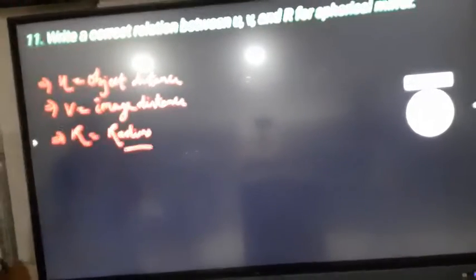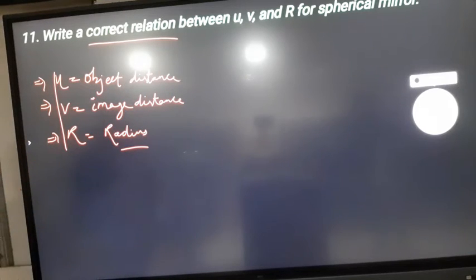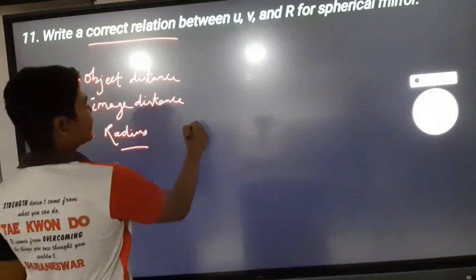So we have to find a correct relation between these three. This is given for a spherical mirror.